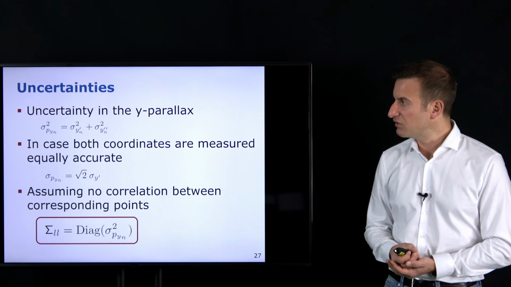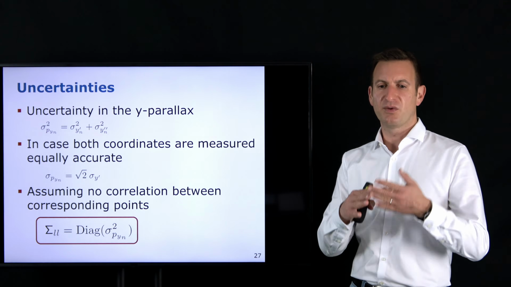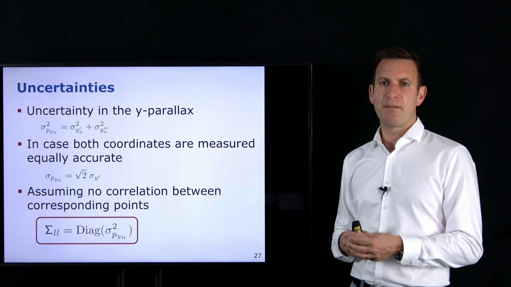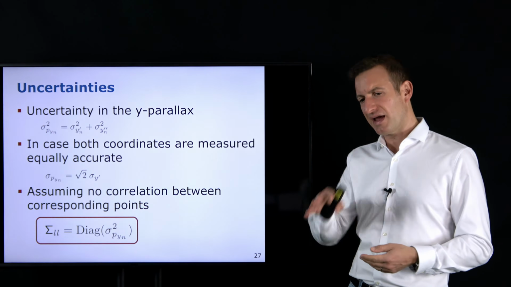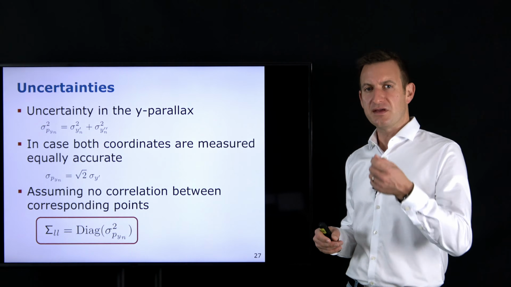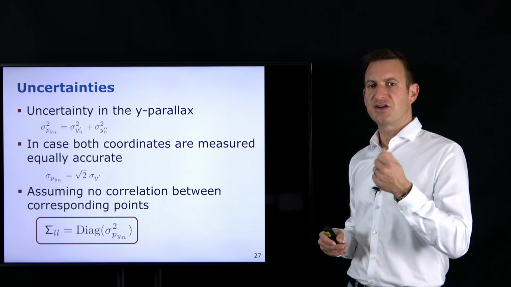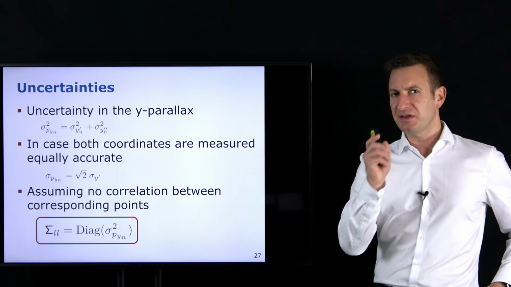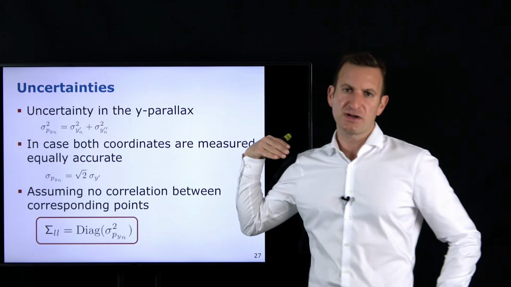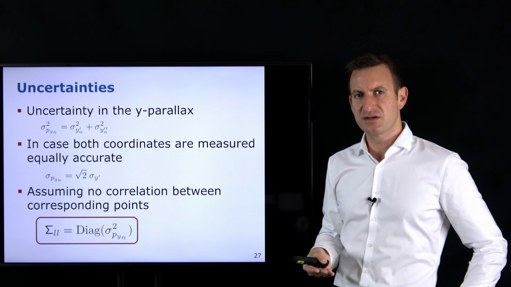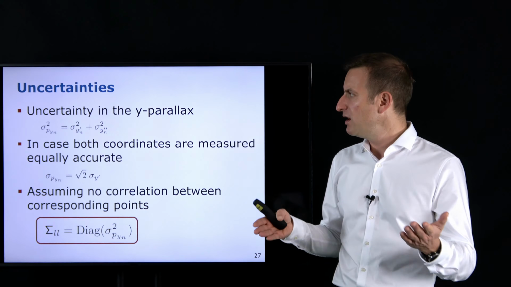The only thing we need to specify is the uncertainties, but that's fairly straightforward because we said before that we measure our point coordinates all with the same uncertainty. So we have our diagonal matrix of the pixel observations, with a standard deviation in x and y. We have to be slightly careful here because we are looking at the x-parallax, and the x-parallax is computed from an observation of the y-coordinate in image number 1 and in image number 2.